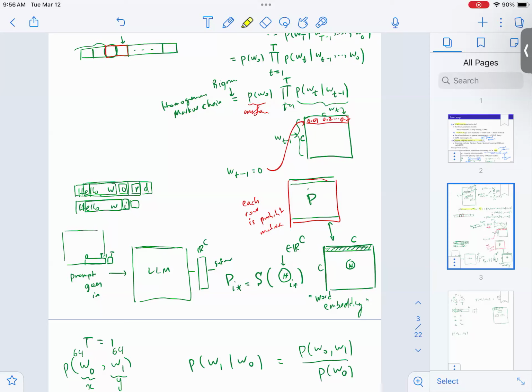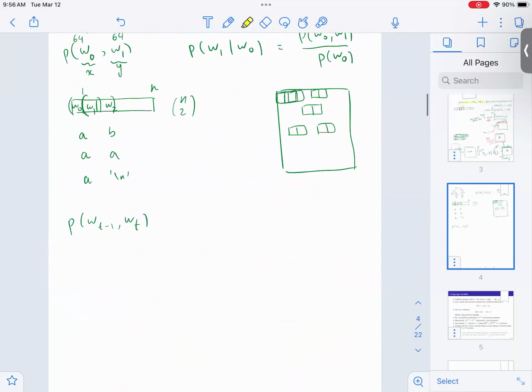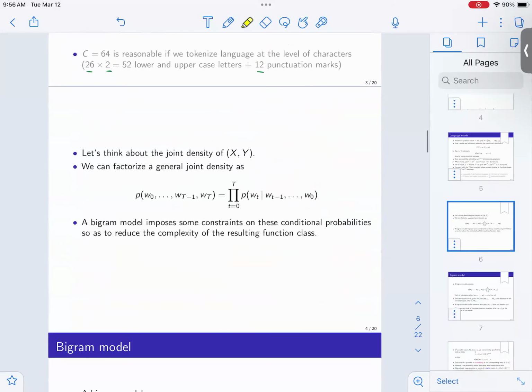So instead of modeling the probability matrix, I'm going to model the parameter as a logit matrix and then apply softmax. Once I have this, I can write down a likelihood for the model.